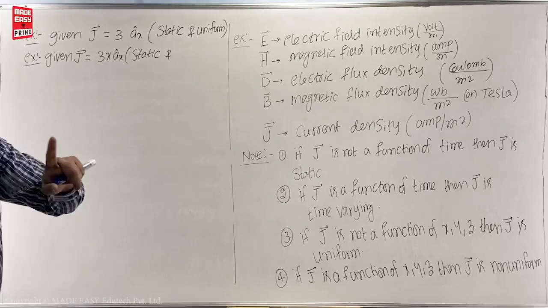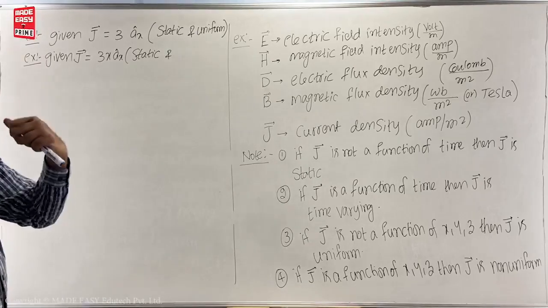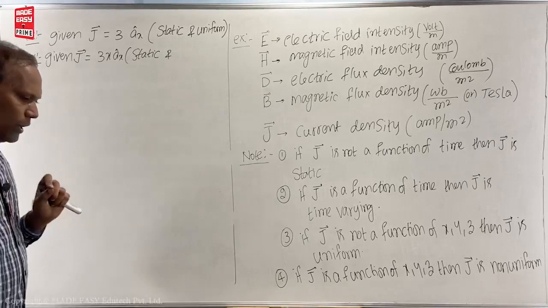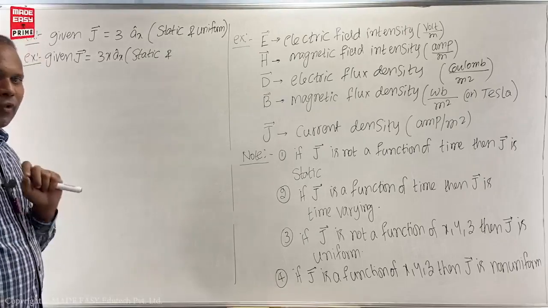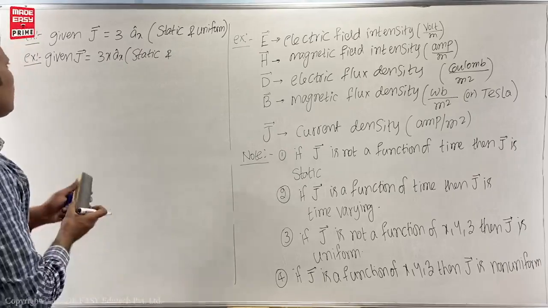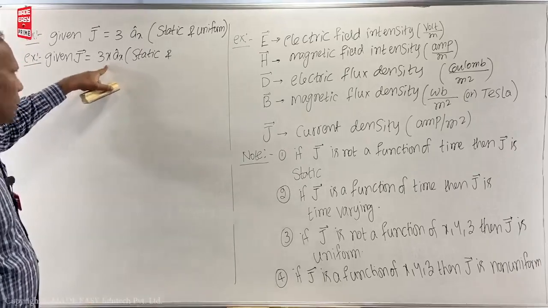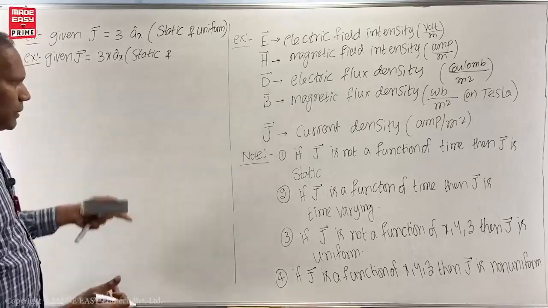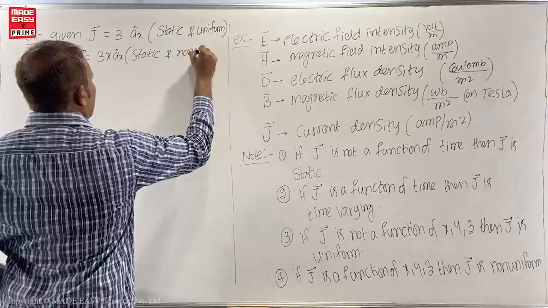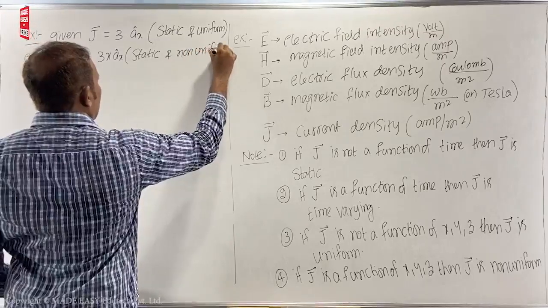If time variable is there, that is time varying. If time variable is not there, that is static. If distance variable is not there, then that is uniform. If distance variable is present, then that is non-uniform. So if x value changed, then this J value changes, that means it is non-uniform.